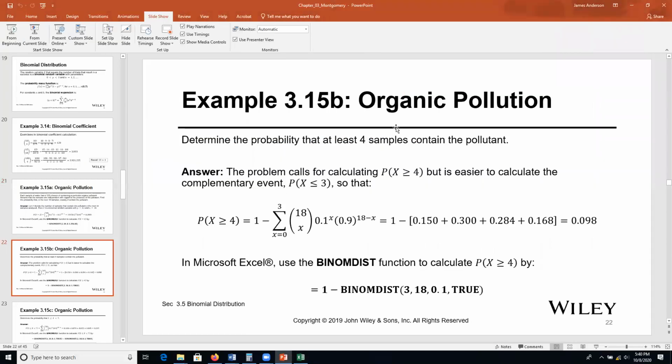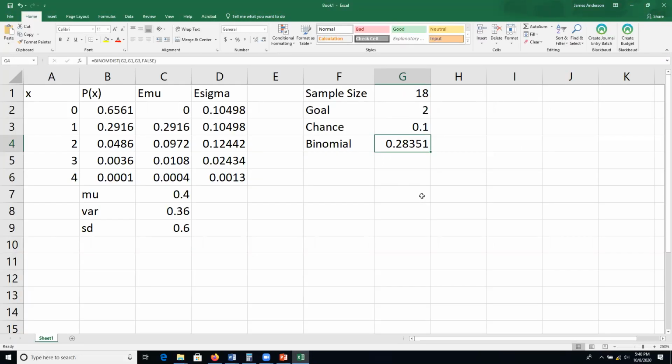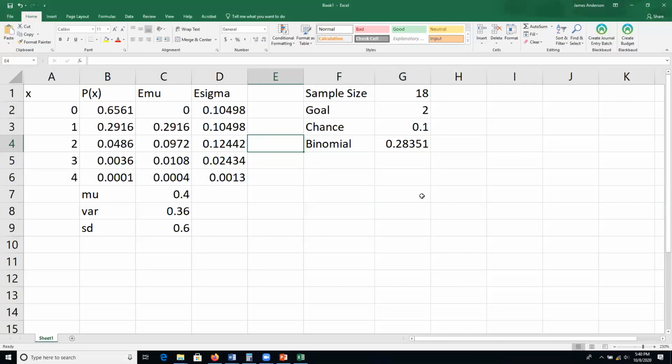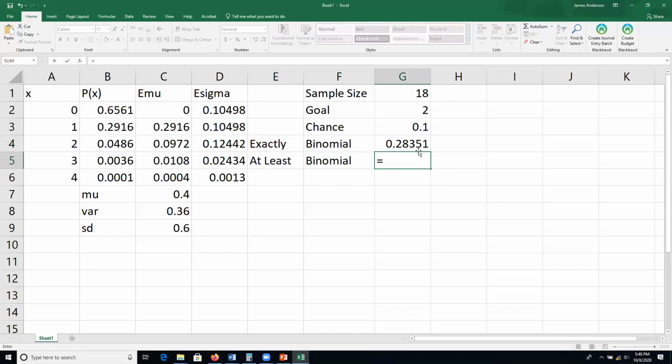Looking at the next one, determine the probability that at least 3 samples contain the pollutant. On this one, we're looking at less than or equal to 4, so we can just change this. See, this one was exactly. So this is at least. Equals binomial distribution.